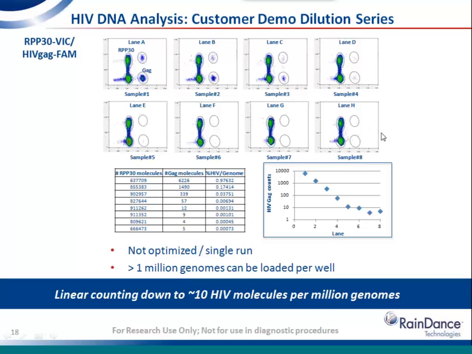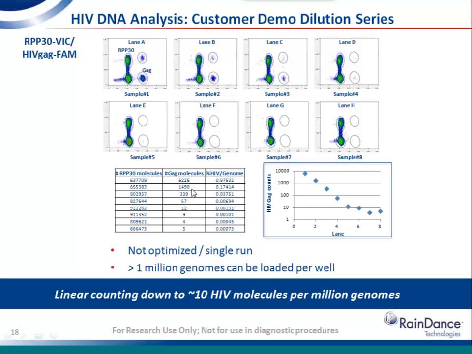So this is 8 samples run in a single run, where you can see there are 2 assays on the VIC axis. There's an assay for a housekeeping gene, RT-30, and on the FAM axis was an assay designed against the HIV GAG molecule. There were approximately 1 million genome equivalents counted by looking at the number of RT-30 molecules, and this is tabulated below.